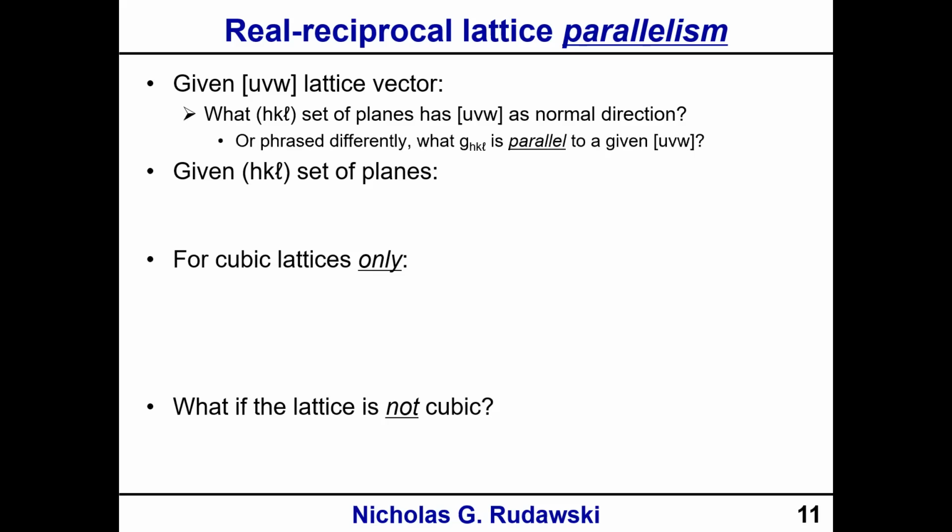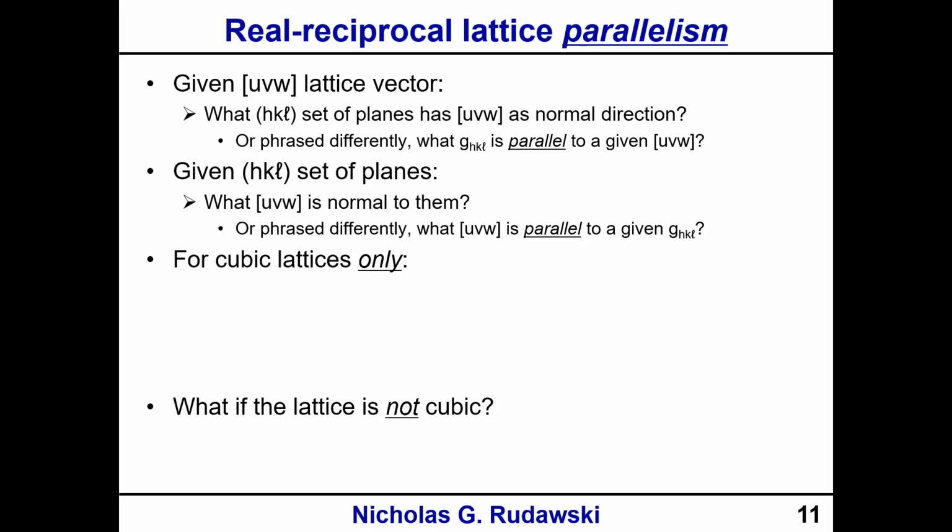Or alternatively, what G vector is parallel to a given lattice vector? You could also start with a given HKL set of planes and ask what lattice vector is normal to them, or what lattice vector is parallel to a given G vector.